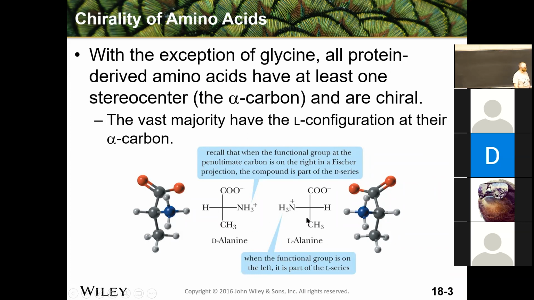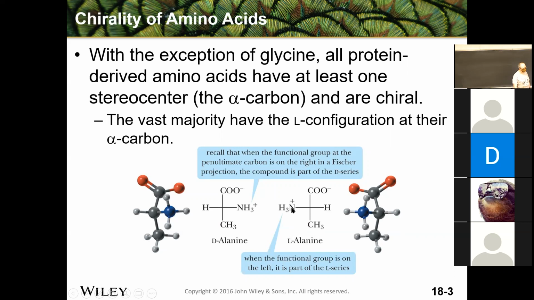If we write the amino acid in the Fischer projection like this, carboxylic acid at the top, we draw this carbon skeleton from top to bottom. In 3 dimensions, this is the chiral center right here. Vertical groups are back, horizontal groups are forward. So this is the L configuration.